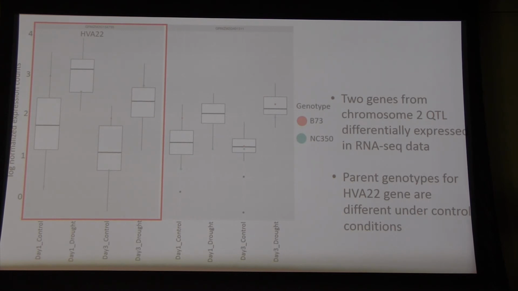And so what that is, if you can see, it is differentially expressed under drought, and it's expressed more under drought stress. But if you look at those little red and blue dots, which are the parents of that mapping population, it's kind of hard to see, but under control conditions, they're at sort of opposite ends of the expression spectrum.